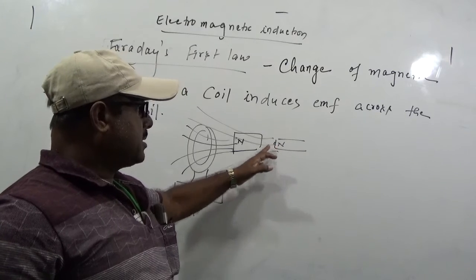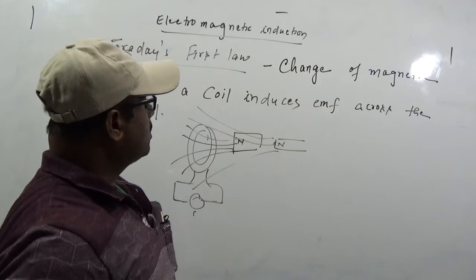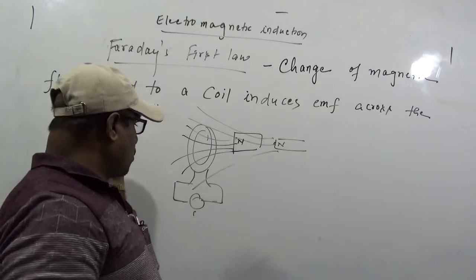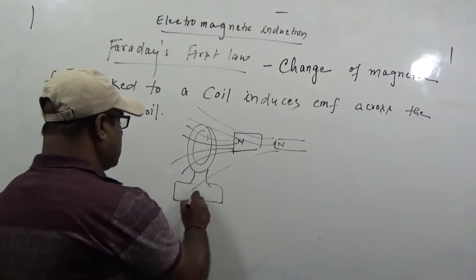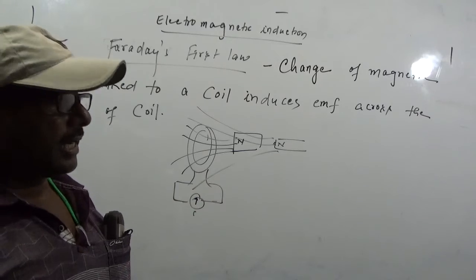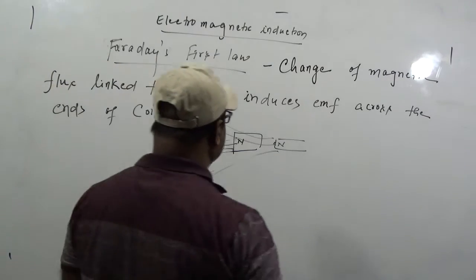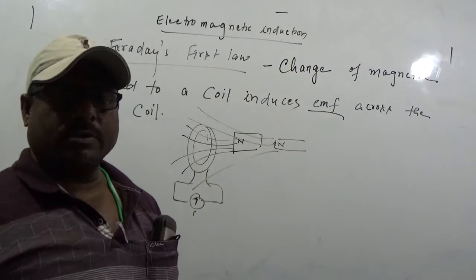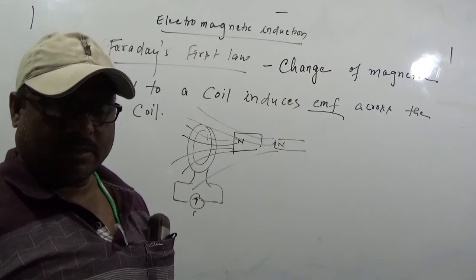It was at rest, it was moved towards the coil, and we observe that there was a deflection. Deflection means what? The current is flowing. This is EMF. Without EMF, electricity cannot be obtained.